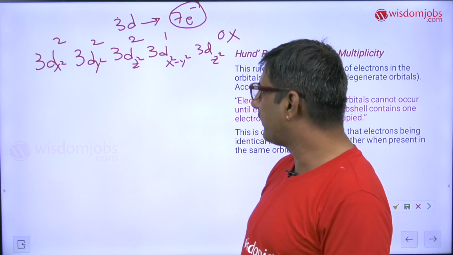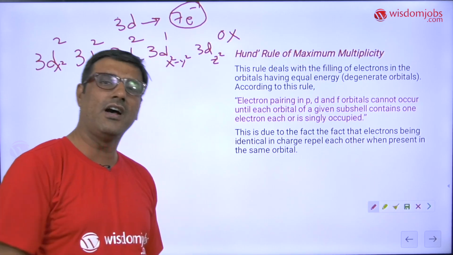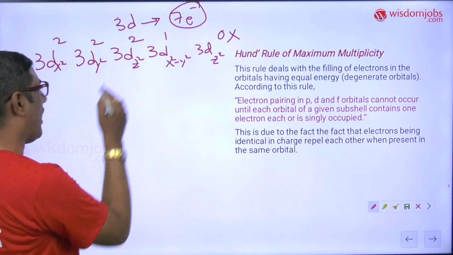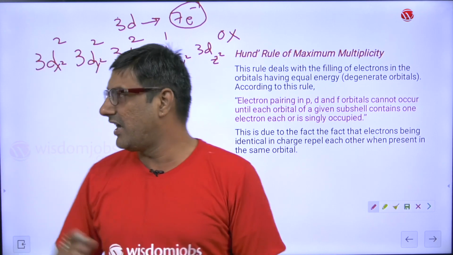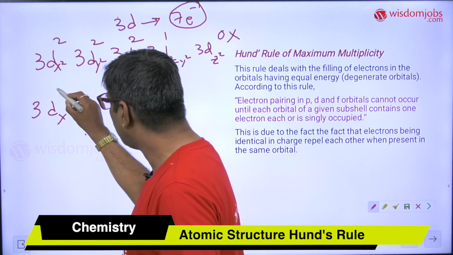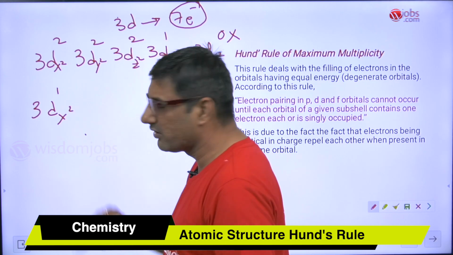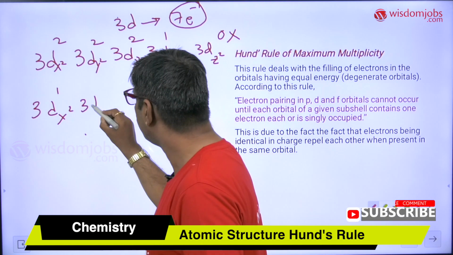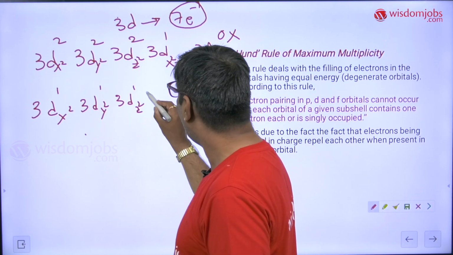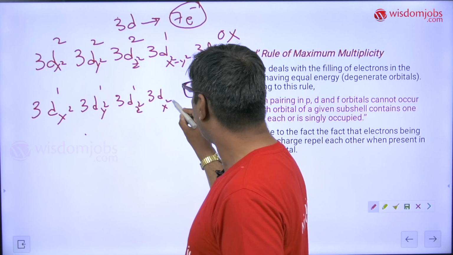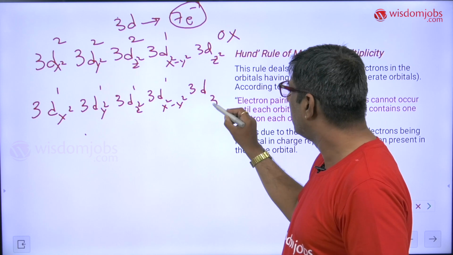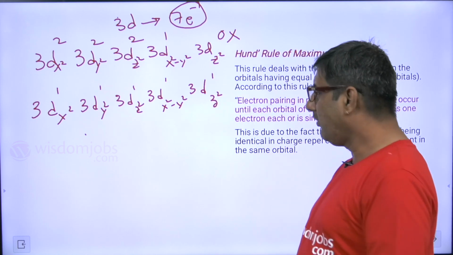Now Hund's rule says that pairing should be done only after every degenerate orbital has at least 1 electron. So how do we apply Hund's rule here? For the same example, first let us write that every orbital has 1 electron: 3dxy 1, 3dyz 1, 3dzx 1, 3dx²−y² 1, and 3dz² 1.